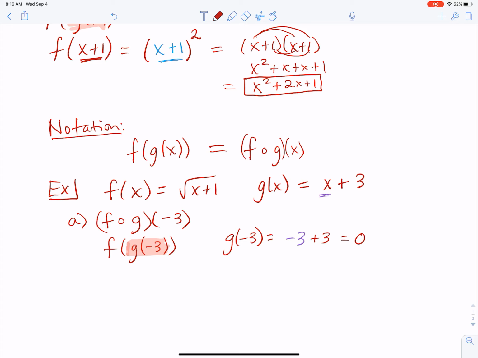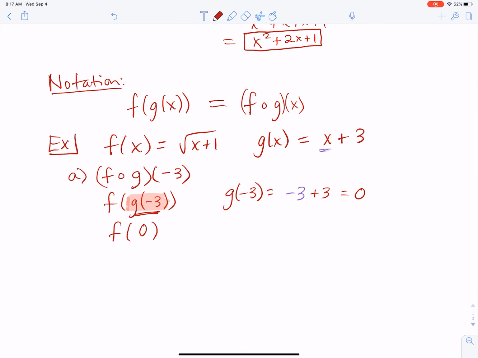Come back to the original problem, and it now says f of 0, because we just found that g of -3 is 0. So f of 0 is what we need to evaluate to finish this problem. We go to the f function and substitute in 0 for our input.